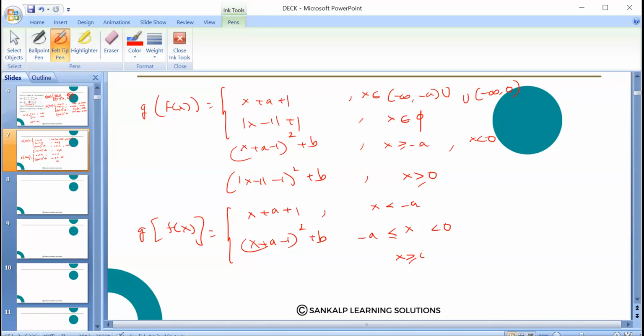Lastly, x greater than or equal to 0, it is mod of x minus 1 whole square plus b.